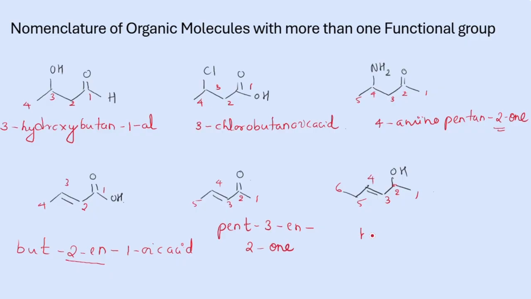So in that case, how are you going to name this? Hex. At what position we have the double bond? Third, right? 3-ene and 2-ol, hexenol. Enol is the suffix for the molecule.